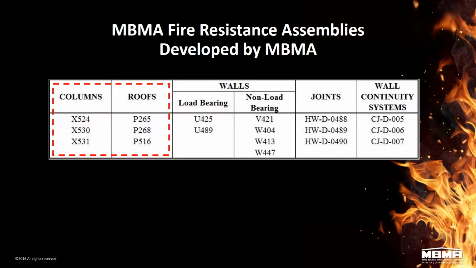Roofs, P is again the alphabetical symbol for roofs in the UL system, and then 200 series are your acoustical assemblies, acoustical protection. 500 series is again gypsum board.